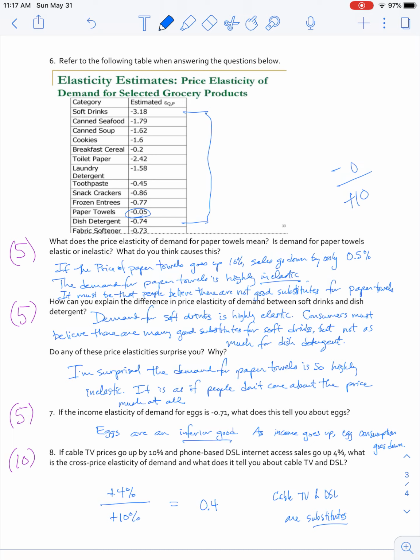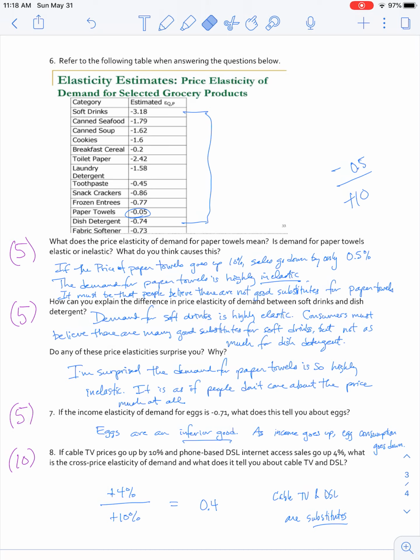So the answer has to be 0.5 divided by 10, to get 0.05. So you have to have just 0.5% to start with, if you solve for x.